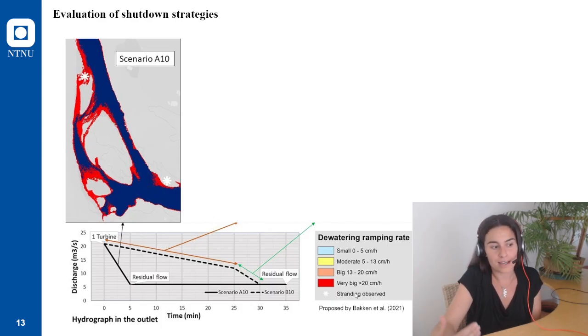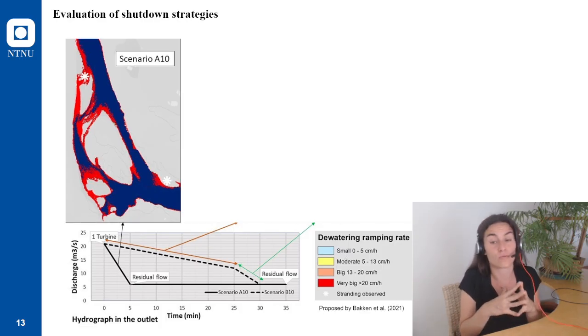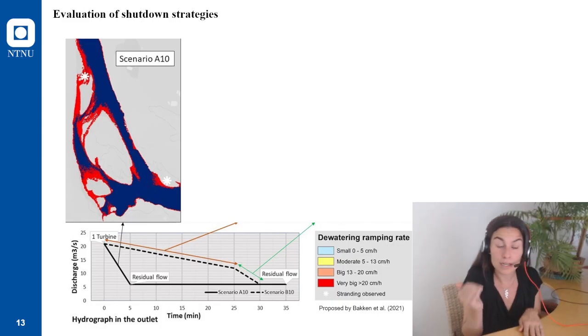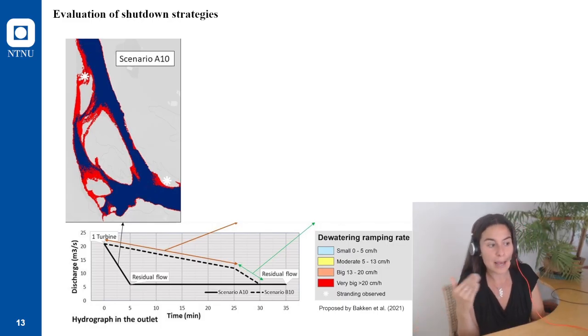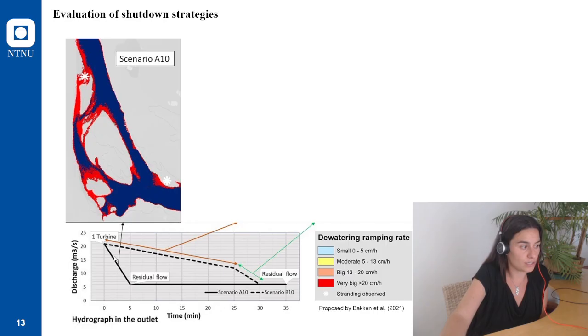According to the environmental handbook, a publication, a little book of recommendations by Bakken et al., there are these proposed ranges: the dewatering rate is small if it is between 0 and 5 centimeters per hour, moderate between 5 and 13 centimeters per hour, big if it is more than 13, and very big if it is more than 20.